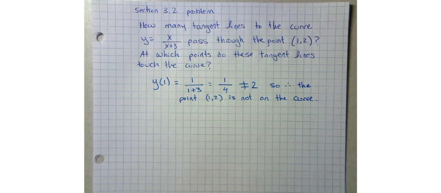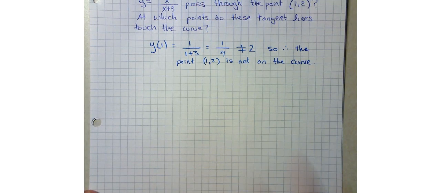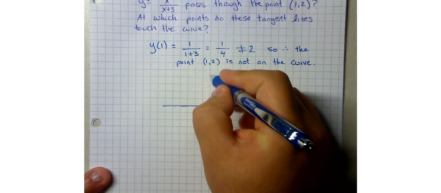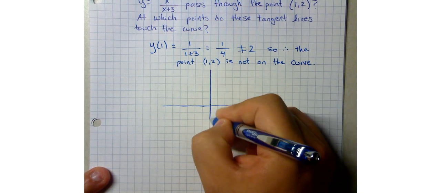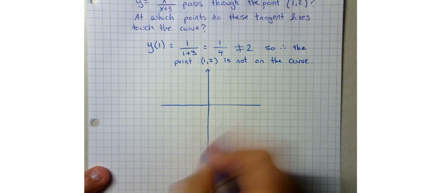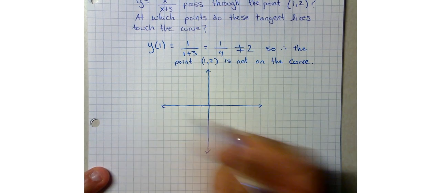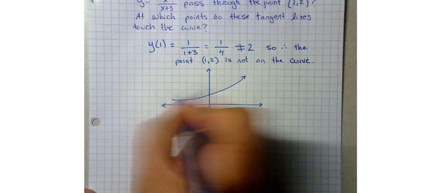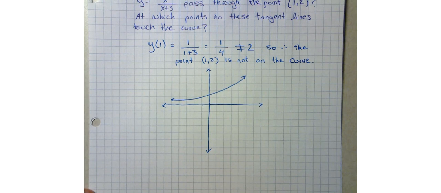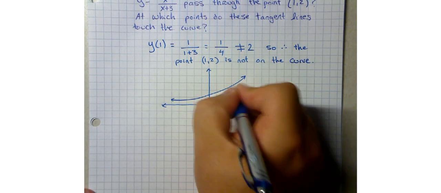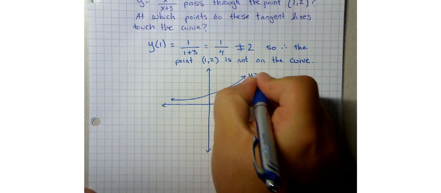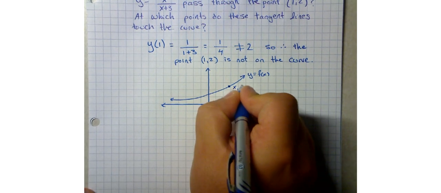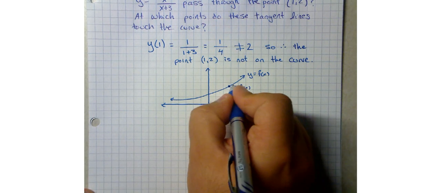So basically what this question is asking us to do is, if I sketch this graph, here are my x and y coordinates, and I sketch a graph. This is my graph, y equals f of x. This is the point x, f of x, which is any point on the graph.